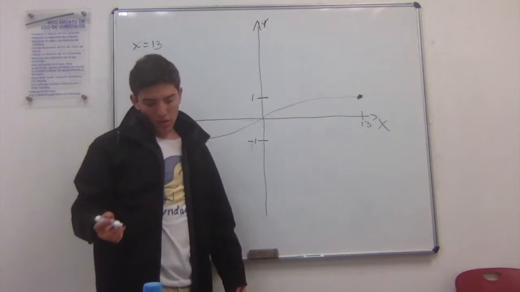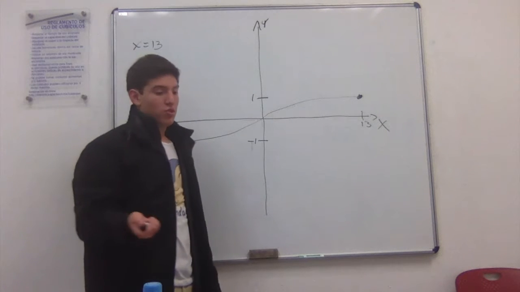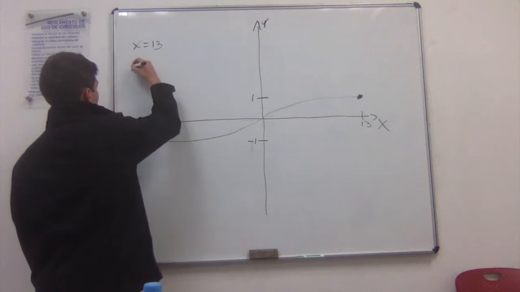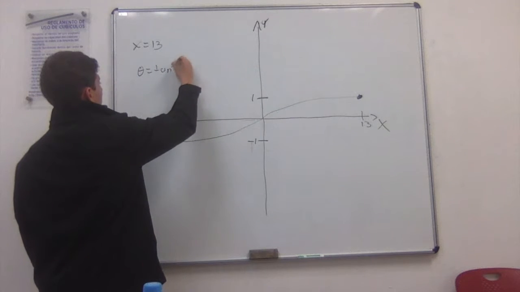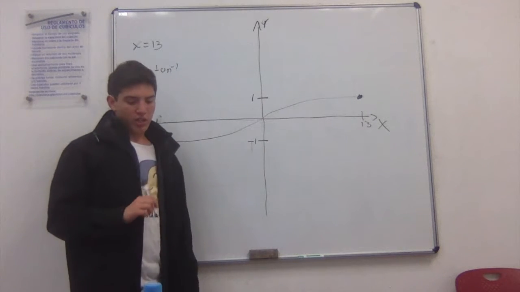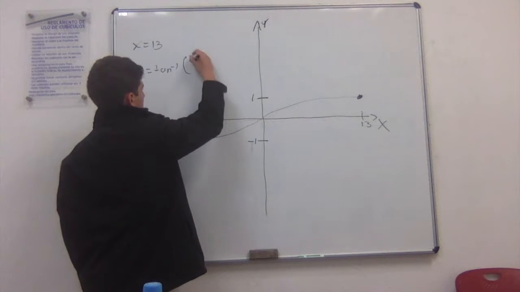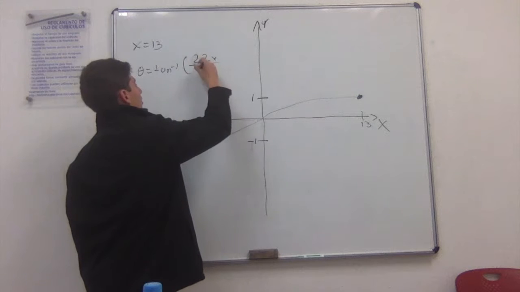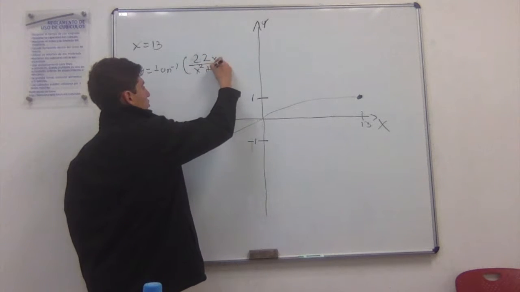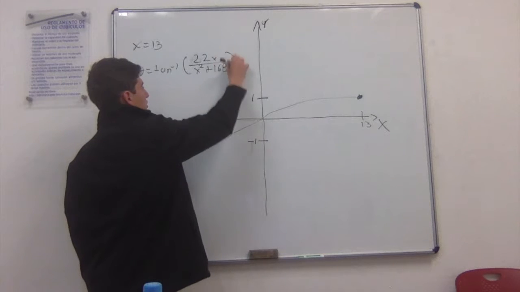And in this case, we substitute this in the formula, theta is equal to arctangent of 22x over x squared plus 168.